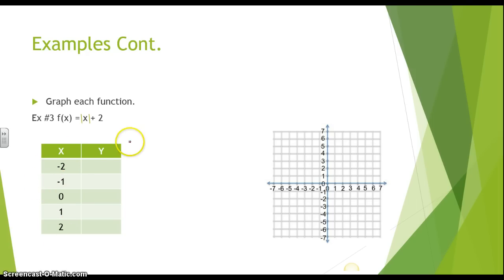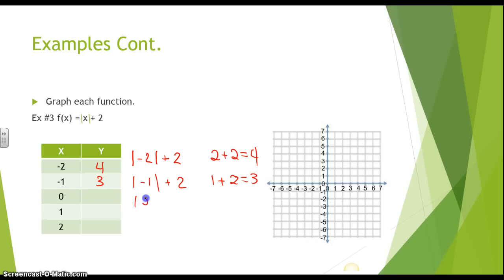So if x is -2, we're going to take the absolute value of -2 plus 2. Remember, absolute value is always positive. What's the absolute value of -2? Well, that's going to be 2 plus 2, which is going to give me 4. I have the absolute value of -1 plus 2, which is 1 plus 2, which gives me 3.